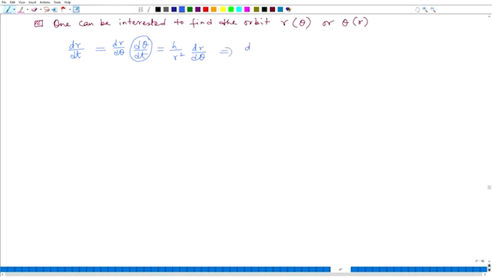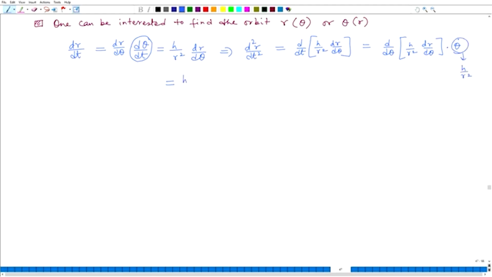Then I know d2r dt2 in the same way is nothing but d dt of this h by r square dr d theta, and then it will be d d theta of h by r square dr d theta times d theta dt, which I can again write as theta dot, which is nothing but h by r square.